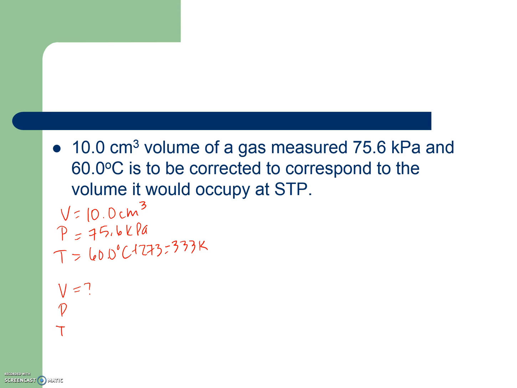So for STP, I need to know that my pressure, since it's kilopascals, is going to be the standard 101.3 kPa, and that my temperature is going to be 273.